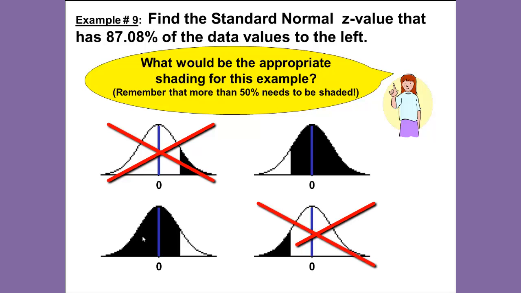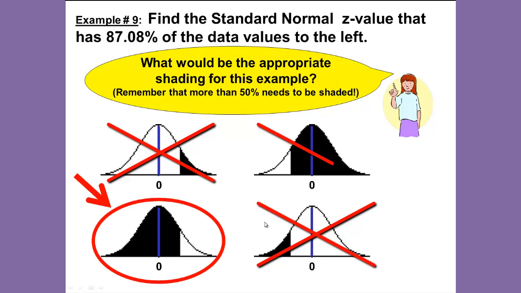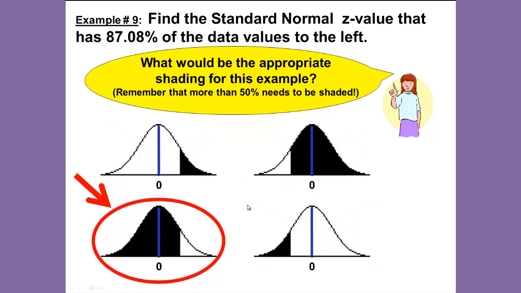Let's mark off the 2 that are automatically less than half. That leaves us 2 to look at. Of these 2, which shades 87% to the left? That leaves us this one for the answer and the other one as one of the wrong answers.